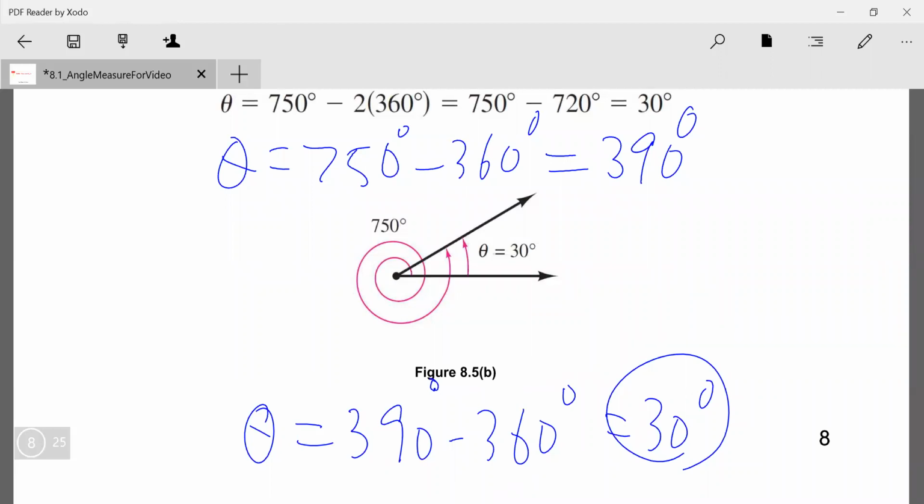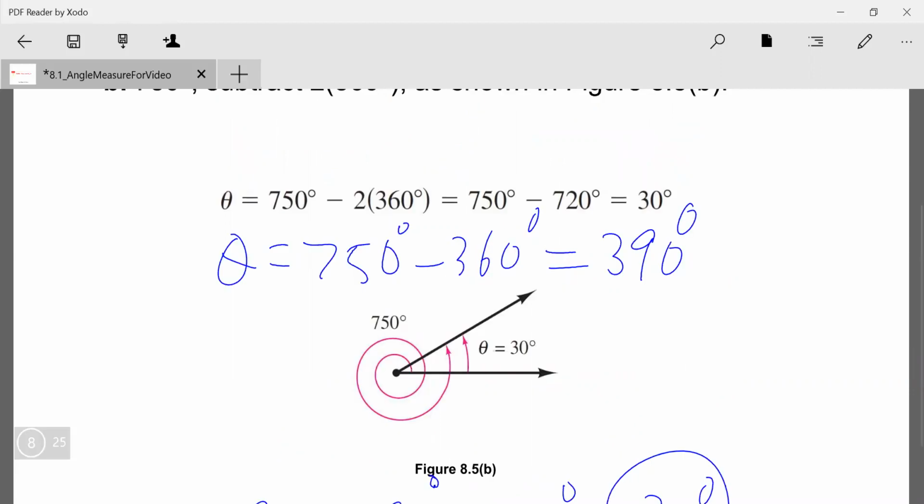Now in this solution here, we just combine the expression. We know we need to subtract 360 twice, because 2 times 360 is 720, which is still less than 750.